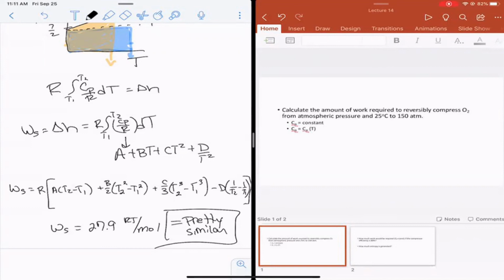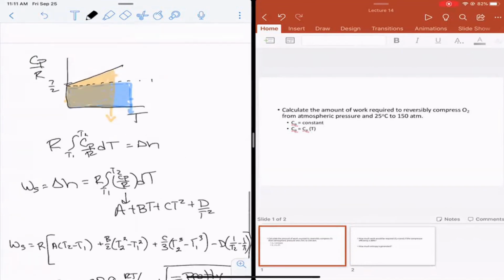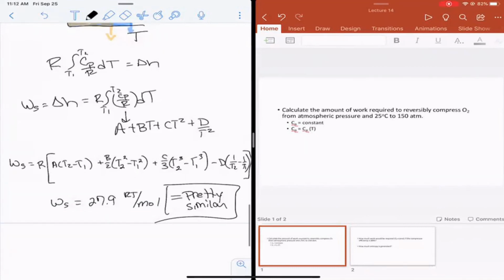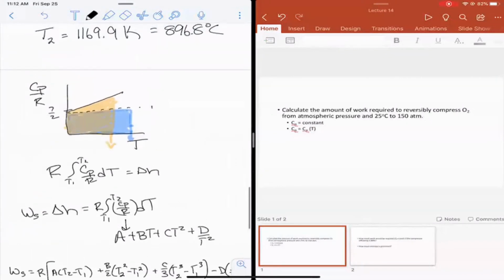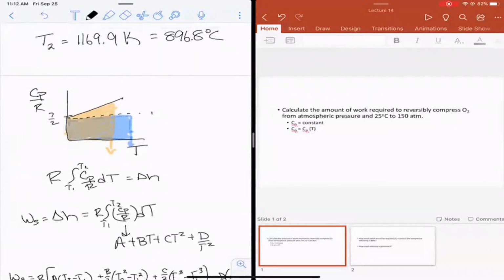And this is one of those cases where, for a fluid like this, where that line is straight, the work that you'll calculate is always going to be approximately the same. The time that you really have to worry about this is if it has curvature to it.